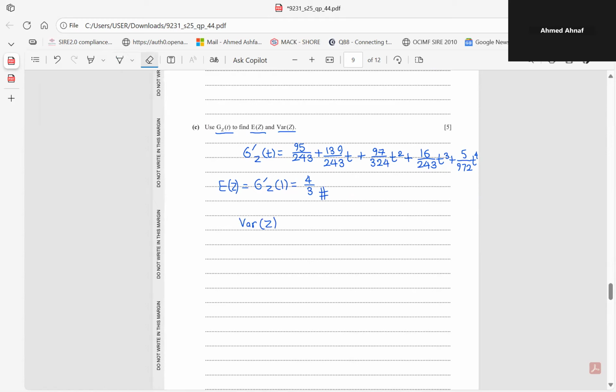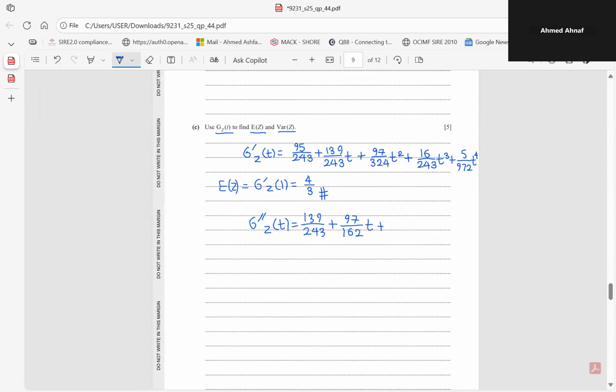Now we have to find the variance of Z. Oh wait, before that, we need to find the second derivative. So for the second derivative, just differentiate G prime Z. This goes away, this just becomes 139 over 243, plus this t squared term, 2 times 97 over 324, you will get 97 over 162 t.